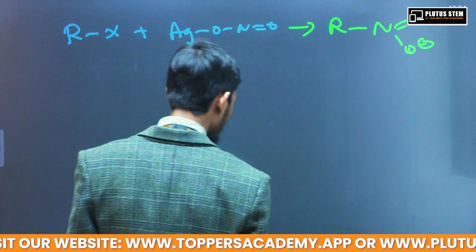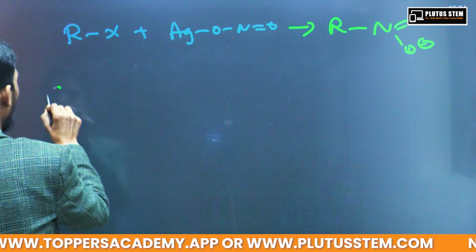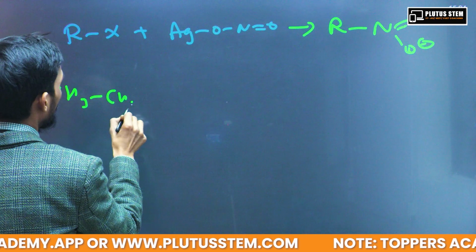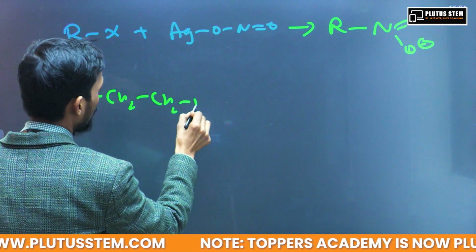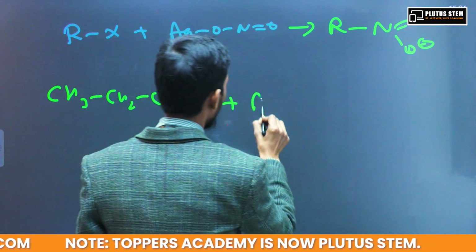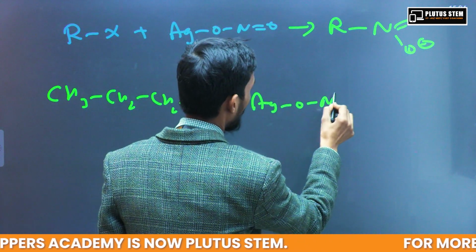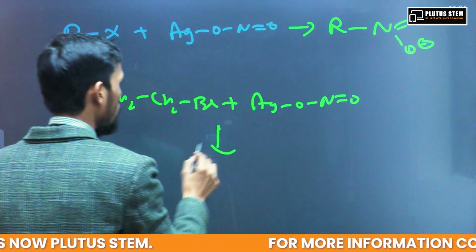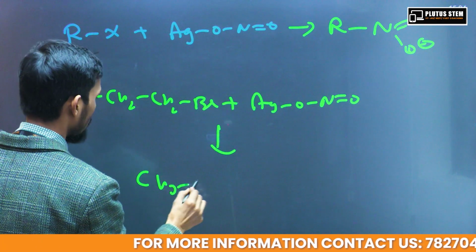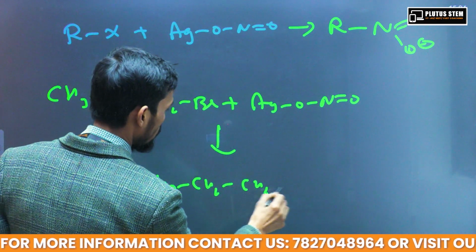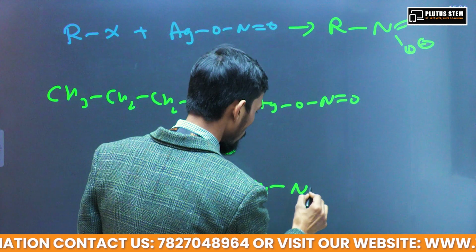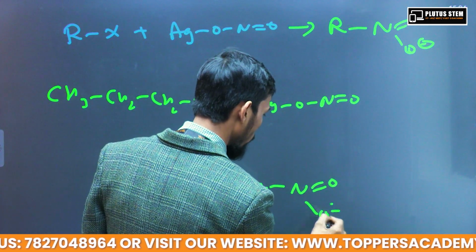So why is the product changing over here? If you visualize over here, CH3CH2CH2Br plus AgNO2, the product which we will get over here will be CH3CH2CH2NO2.